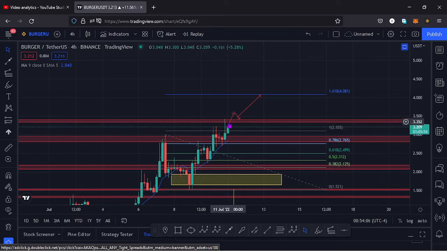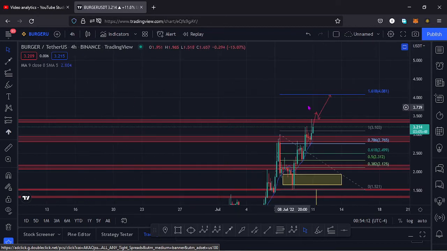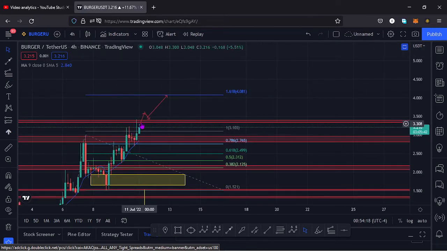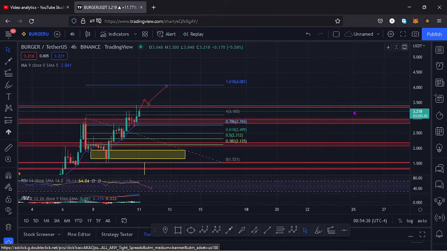So the moment we are breaking above this key area of resistance, I expect the price of Bureger to take us to around the $4.08 mark, and that would be a nice trade if you catch it. Once we break above that and have a retest, we can have a nice trade to around the $4.08 mark.